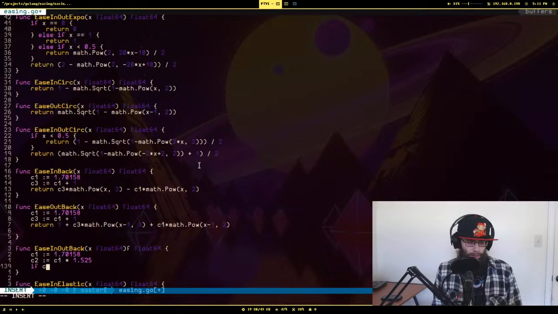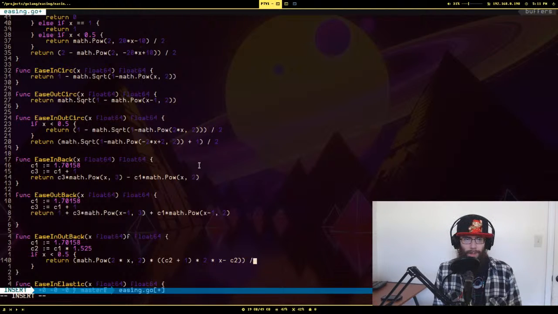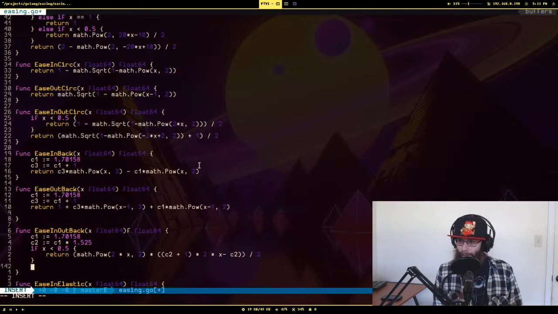If x is less than 0.5, return math.Pow 2 times x, 2, times C2 plus 1 times 2 times x minus C2, divided by 2. Good luck to me. I'm trying to figure this out on my own. Oh my god, dude.